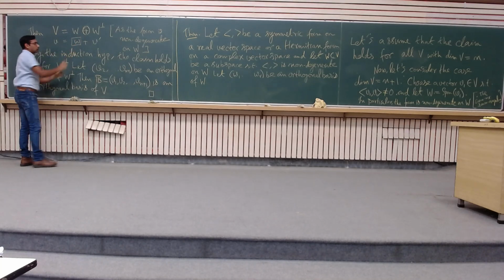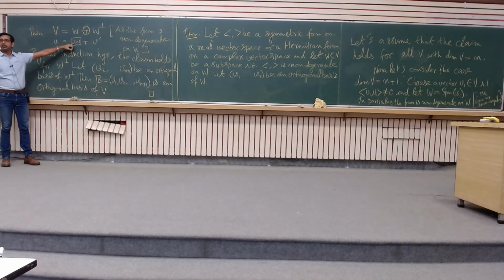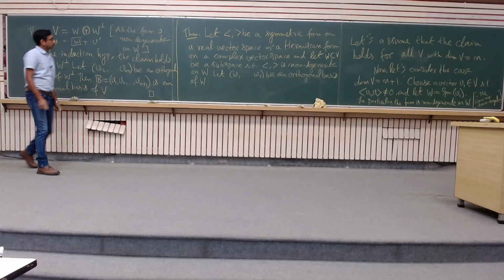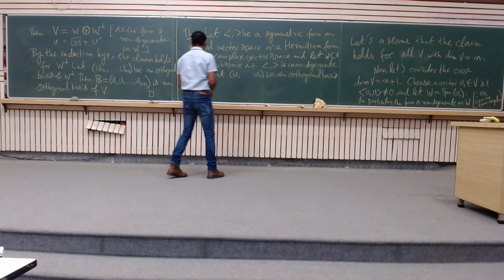This is the orthogonal projection of V in W. We were denoting it by PW or pi W. So let's write down the formula for that.